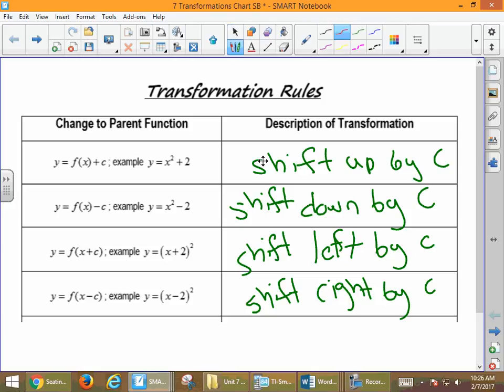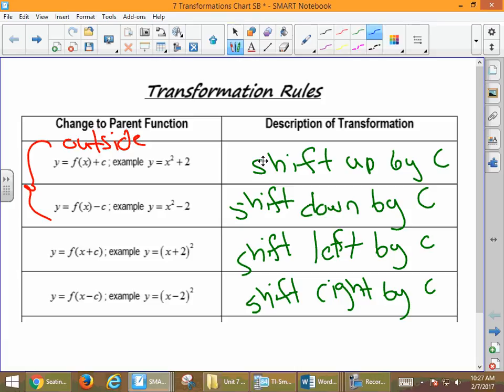So something you might notice is that when we're going up or down, our transformation is on the outside of our function. So we have f of x plus c. So this is on the outside. So if we're doing a transformation on the outside, it's going to shift us up or down.